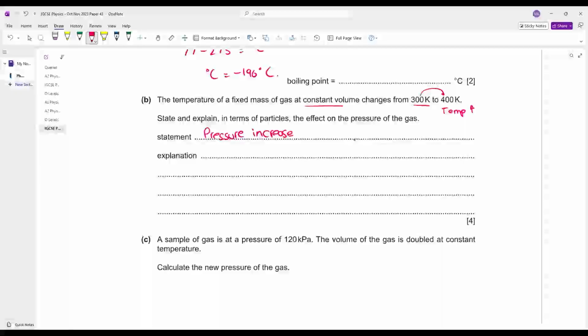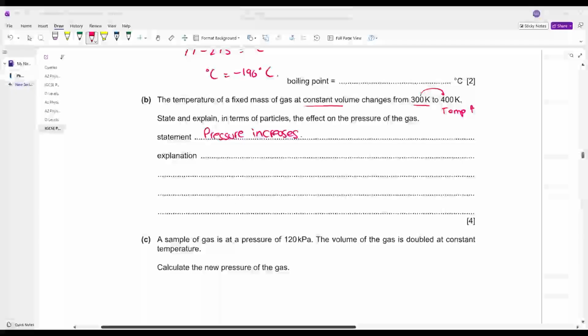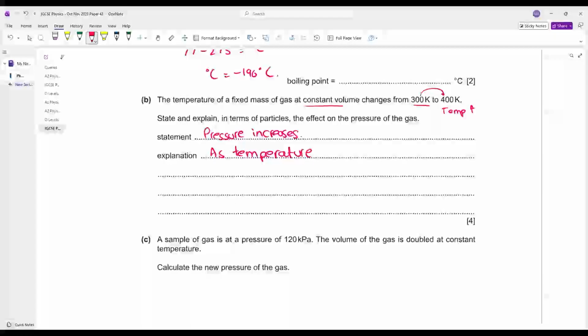I have written this explanation multiple times in this past paper series. What will you say? As temperature of gas increases, the kinetic energy of gas particles increases.